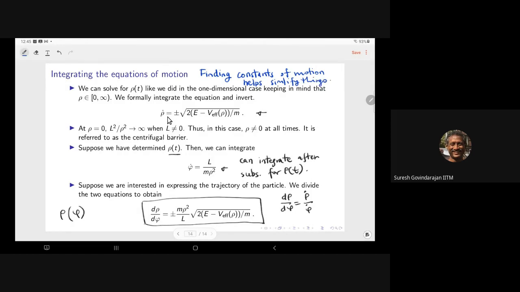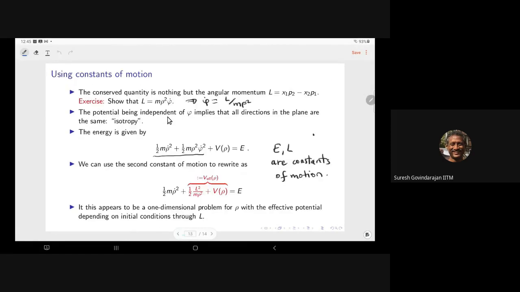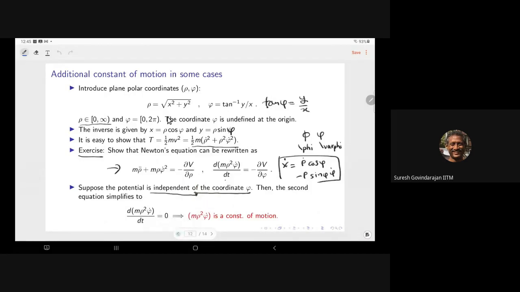Okay, so we will come back to this, and there's another beautiful point here: the fact that it's independent of some coordinate actually means that there is a symmetry in the problem.